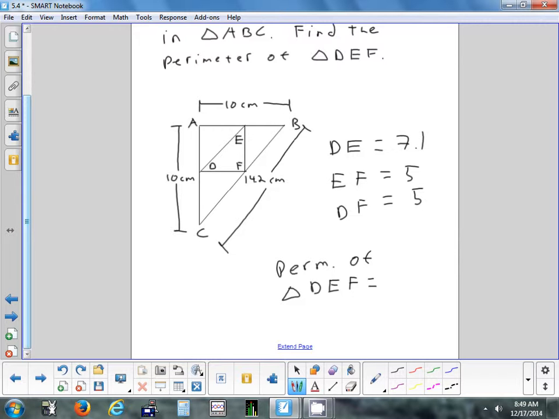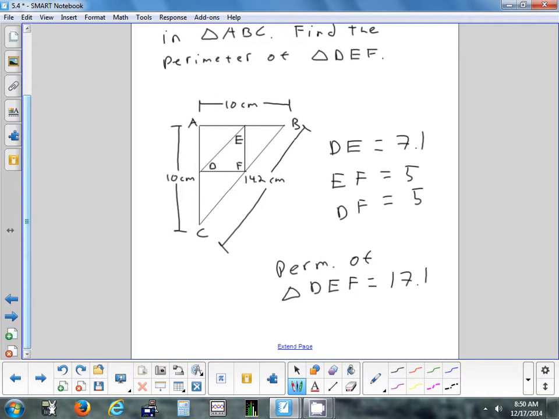Triangle DEF, yeah. 17.1. So now if I asked you quickly, without thinking about all the work and adding up all the sides again, what would you do with this number to find the triangle ABC's perimeter? Yeah, just double it, 34.2.